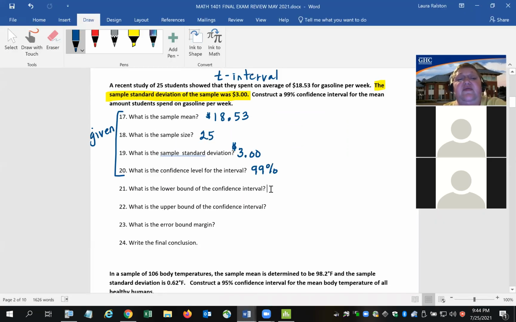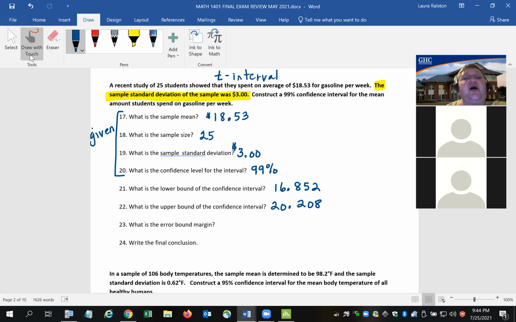Okay, so the lower bound is the first number in that parentheses, which is 16.852. The upper bound is 20.208.